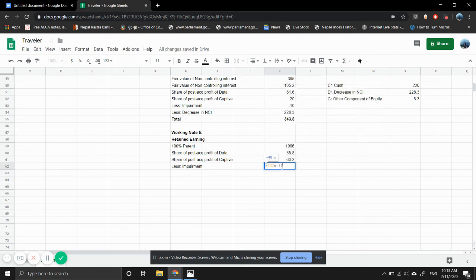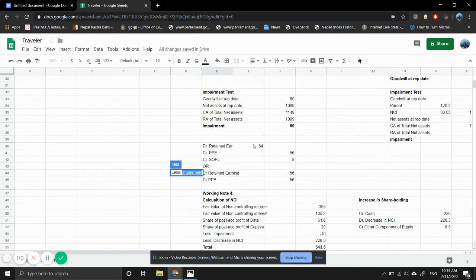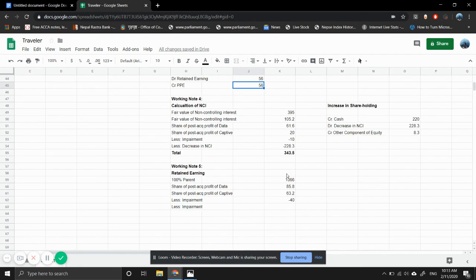So 40 will be allocated, minus I7, okay. And then what about less? What did we debit before? Something over here, retained earning, yep, for this. All right, 56 should be subtracted, minus 56, right?